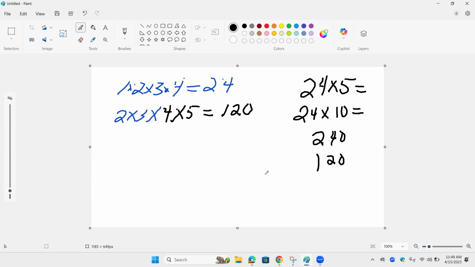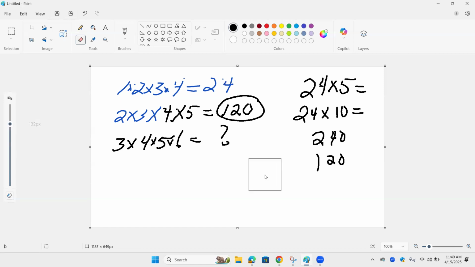Okay, the next one would be this one. So you could check that one. Oh, by the way, is 120 divisible by 24? In other words, does 24 go into it evenly? That's really what it's asking.